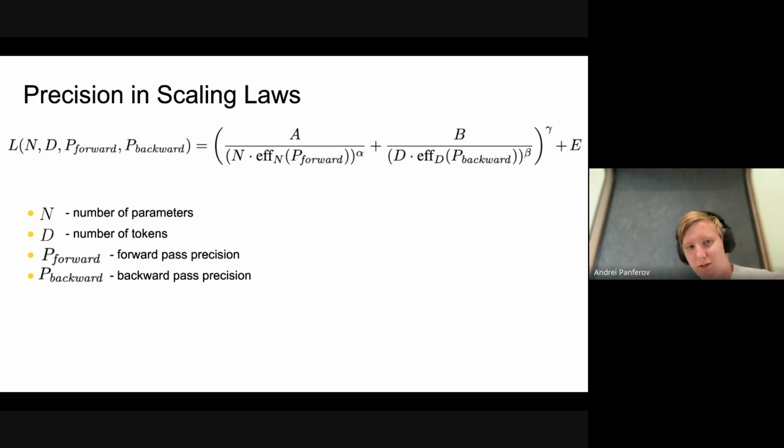And basically what this formula says is that forward pass quantization mainly affects how efficient the parameters of your model are, with heavier quantization degrading the performance of the model more, and leading to larger models that perform worse than their unquantized counterparts.